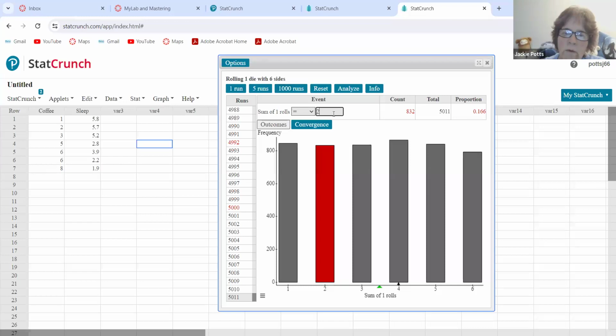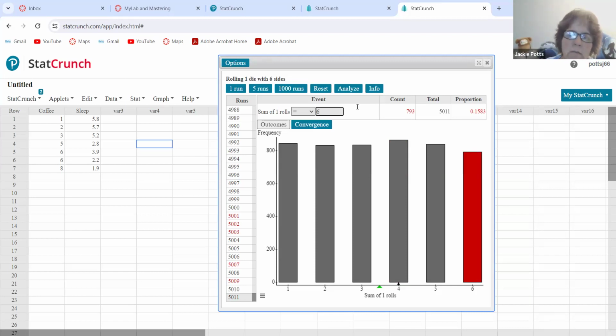All right. What if I want 3? Well, 3 is 0.1662. How about 4? 4 is a little higher, but still it's not very far off the theoretical, is it? Let's look at 6. 6 is my lowest one.